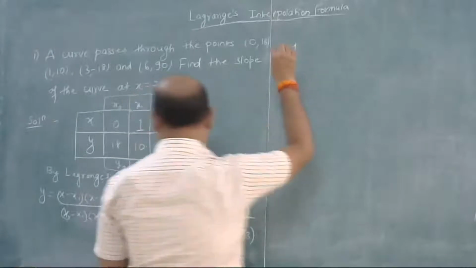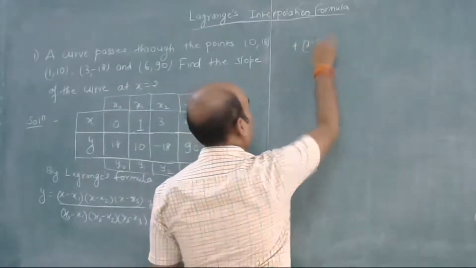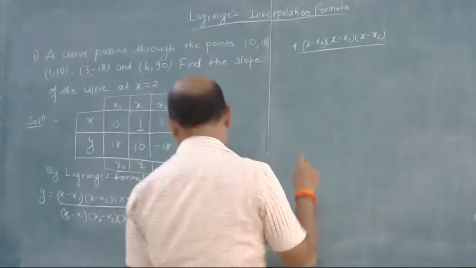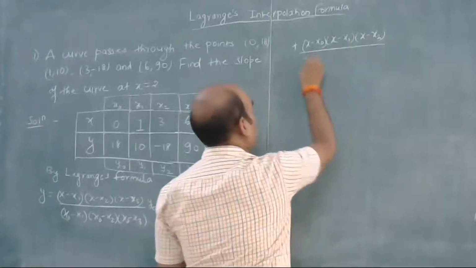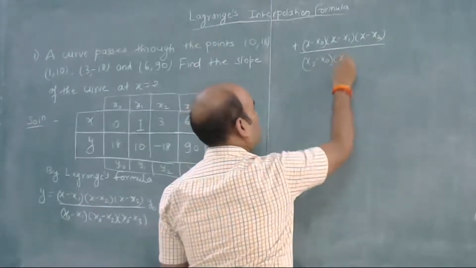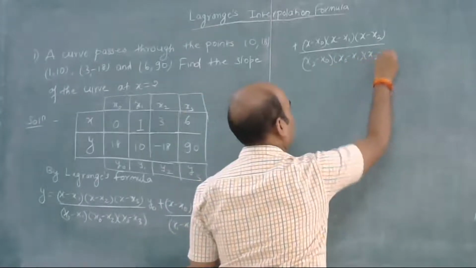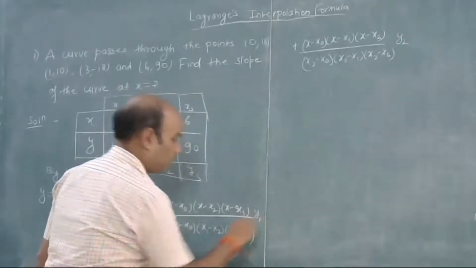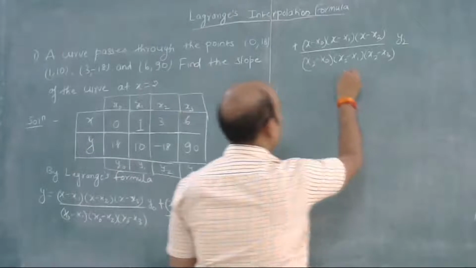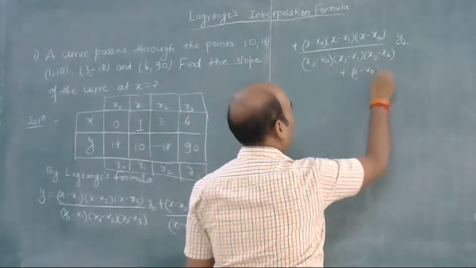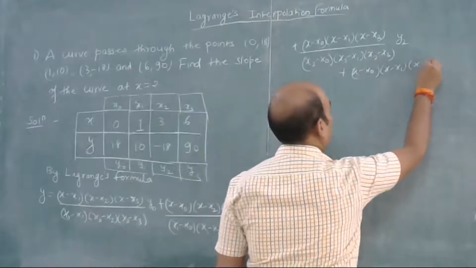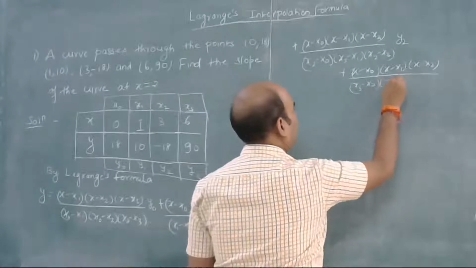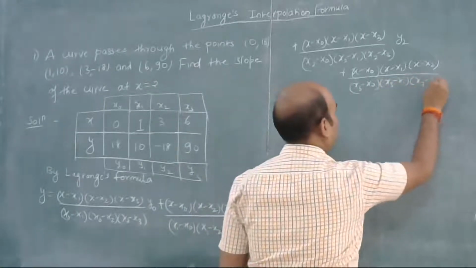Next plus (x minus x0)(x minus x1)(x minus x3) divided by (x2 minus x0)(x2 minus x1)(x2 minus x3), multiplied by y2. The last term is plus (x minus x0)(x minus x1)(x minus x2) divided by (x3 minus x0)(x3 minus x1)(x3 minus x2), multiplied by y3.